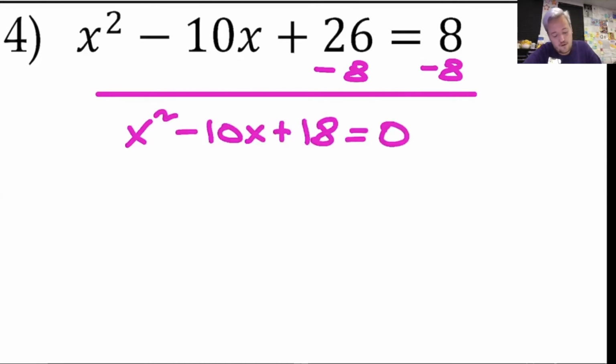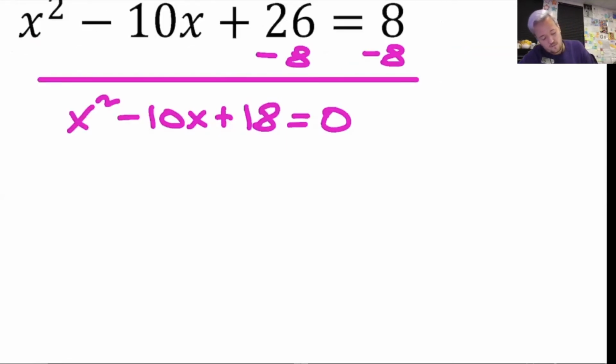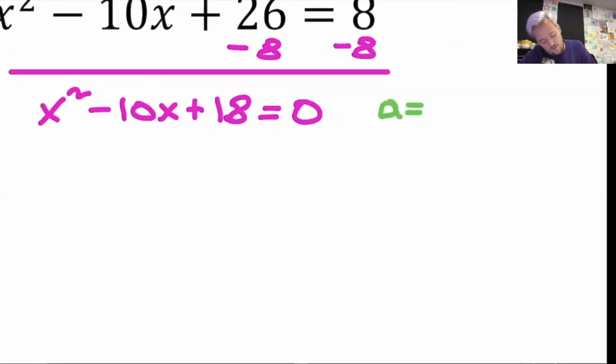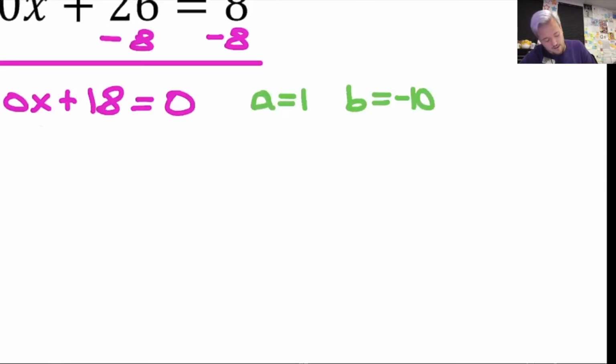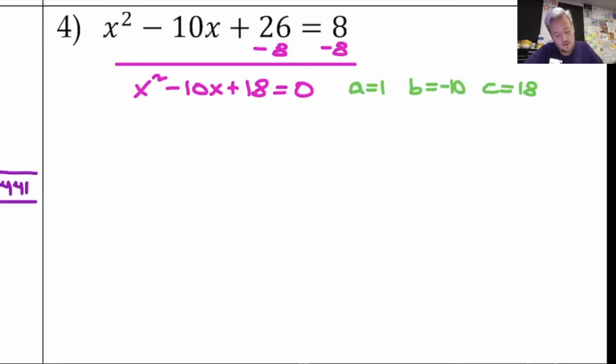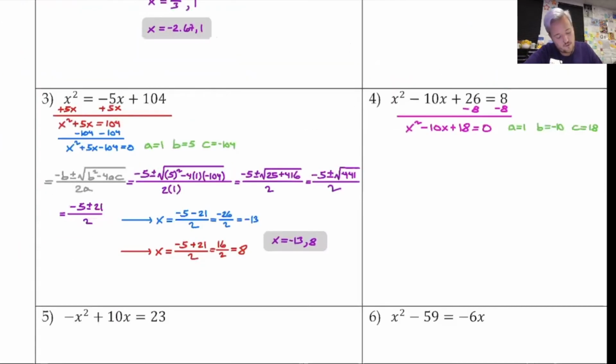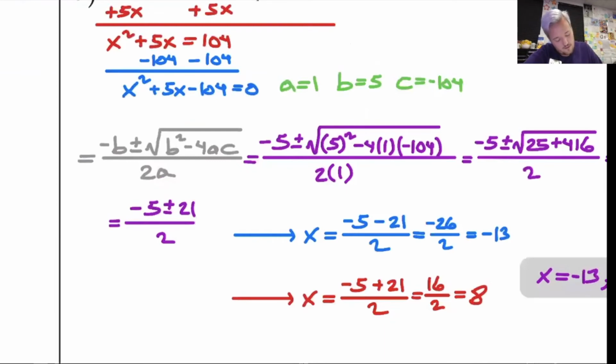All right, so now I'm looking at my ABCs. So I'm going to have an A value of 1, a B value of negative 10, and a C value of 18. So once again, I'm going to start with a quadratic formula, which I'm going to copy and paste from over yonder.